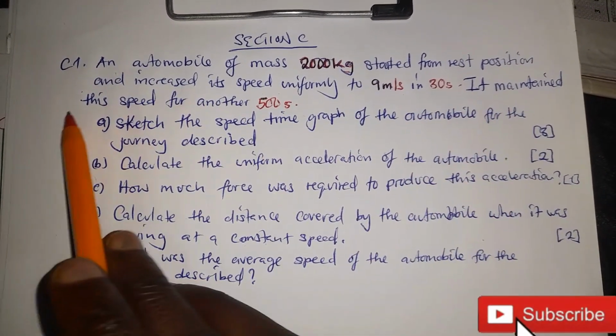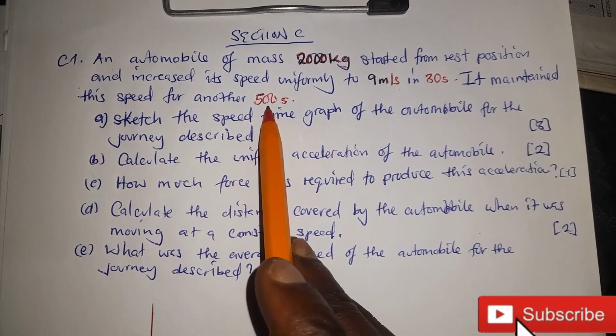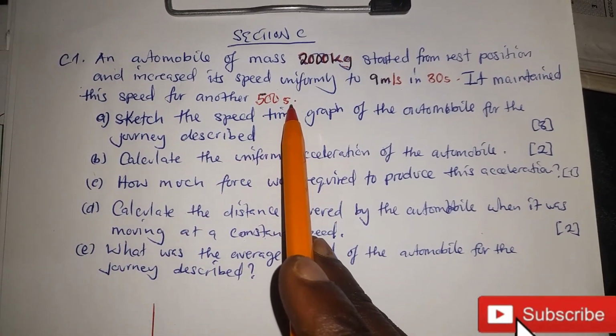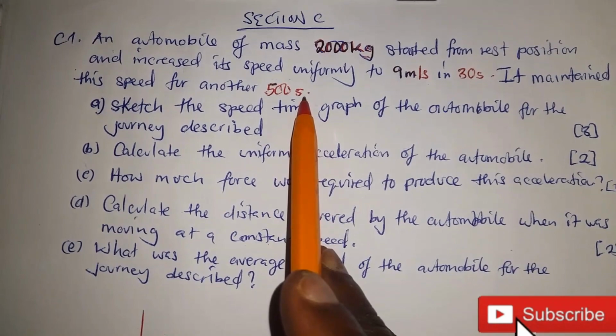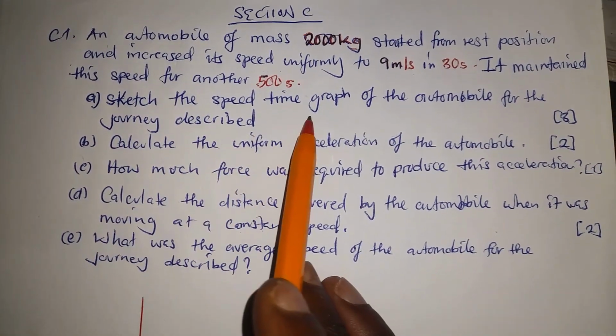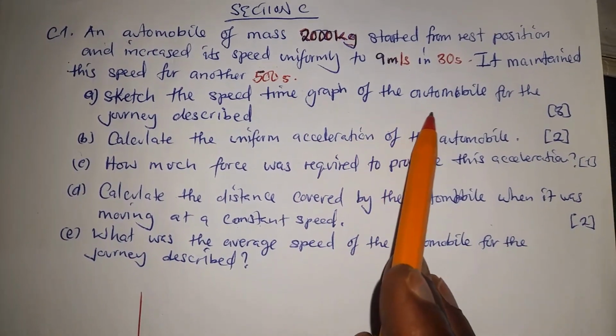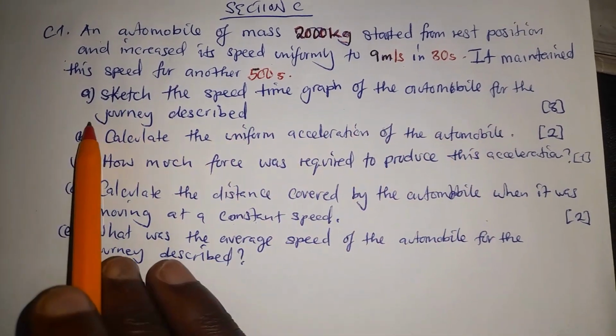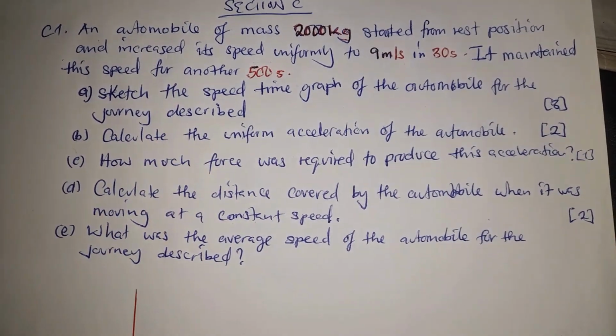It maintained this speed for another 500 seconds. The first question is: sketch the speed-time graph of the automobile for the journey described.